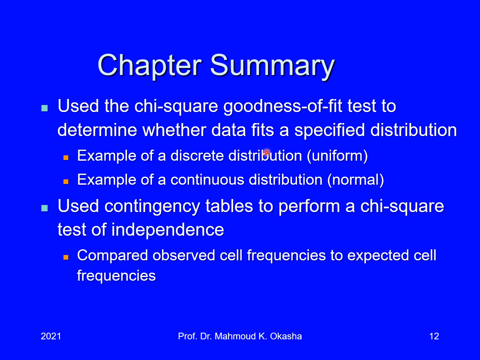Then we used a contingency table to perform a chi-square test of independence. We compared observed cell frequencies to expected cell frequencies, and that's all we need to talk about in this chapter. That's all for this unit, and we finished it.